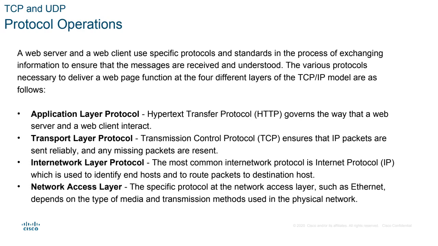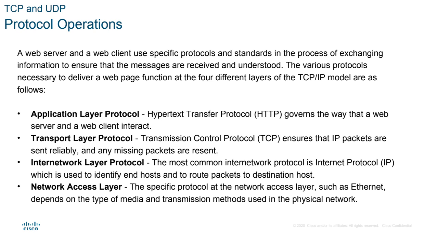The two most used transport layer protocols are TCP and UDP. So when the web server and the web client communicate with each other, of course, they are following the TCP/IP protocol standards. Here we have some protocols that are used, such as HTTP, which is used at the application layer.